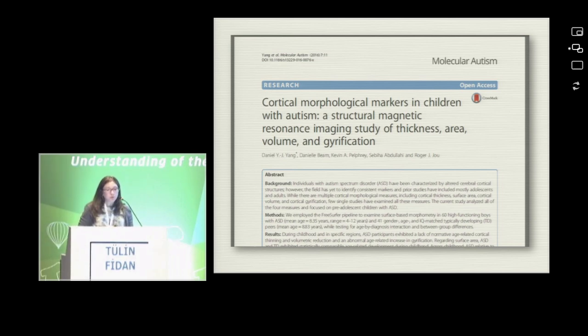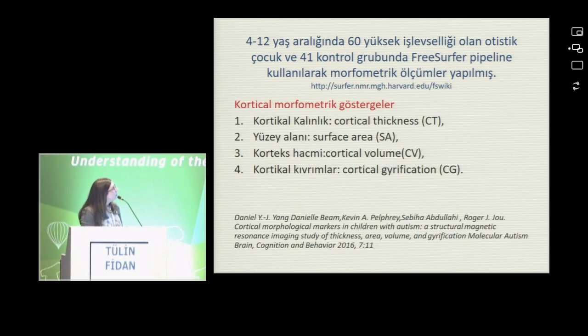Here you can see this publication was finalized in 2015 by Young et al. They made cortical morphometrical measurements, and they checked cortical thickness, surface area, cortical volume, and cortical gyrification.